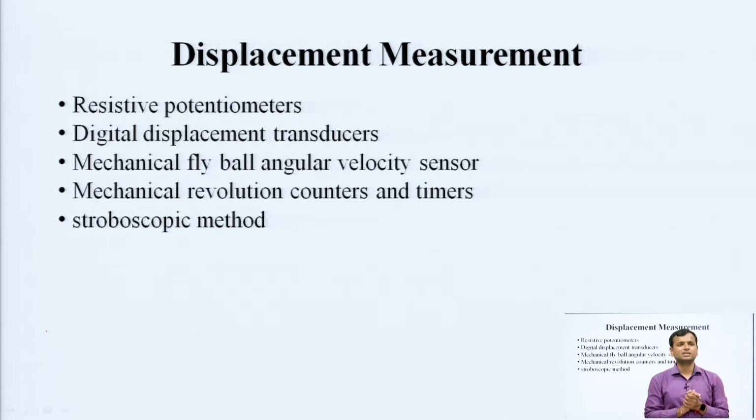These are the various methods that can be used to measure displacement. In the last lecture, we covered the resistive potentiometer and the digital displacement transducer. In this lecture, we are going to see the basic arrangement of the mechanical fly ball angular velocity sensor, the mechanical revolution counters and timers, and the stroboscopic method.